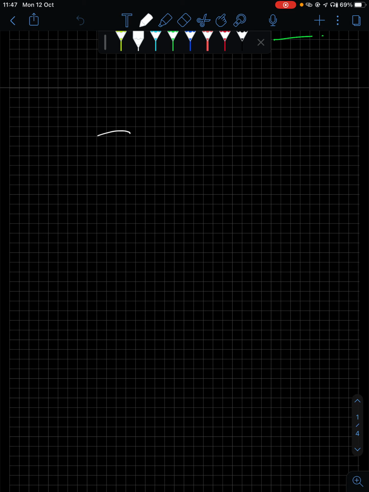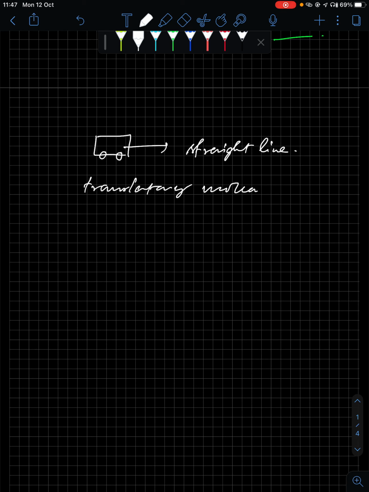Like car, you have a car. Okay, you have a car, or you have a bus traveling in a straight line. This is an example of translatory motion.